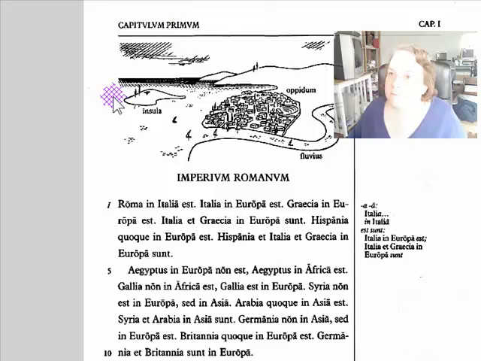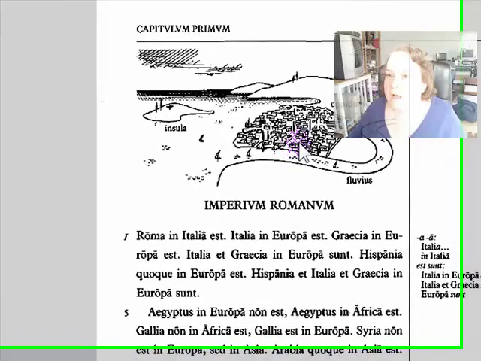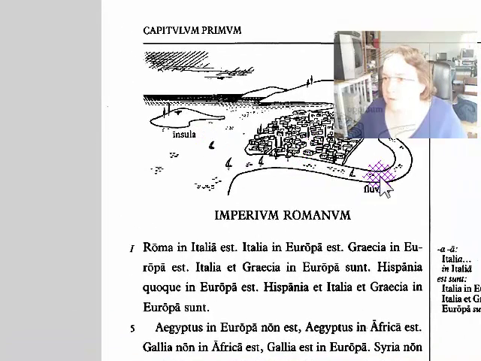Ørberg uses pictures extensively to teach you the new words, and when we need to, we'll go back to this picture and we'll learn the new words this way, because Ørberg does not want you to learn the words from English. He wants you to learn the words from Latin itself. Lingua Latina per se illustrata, the Latin language illustrated through itself. The title of Capitulum Primum is Imperium Romanum, the Roman Empire.